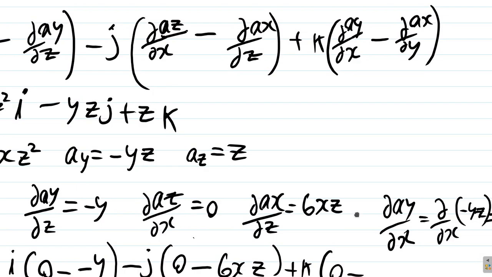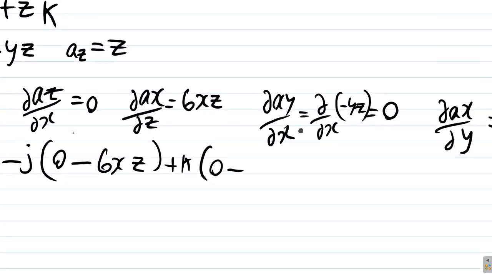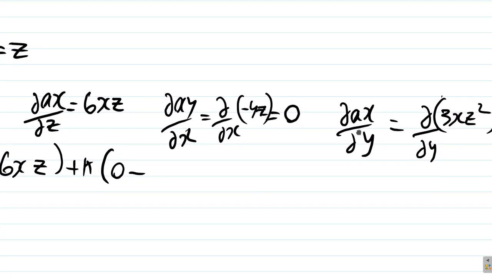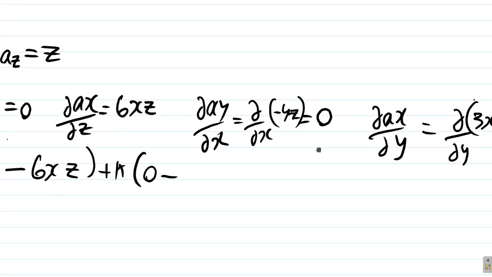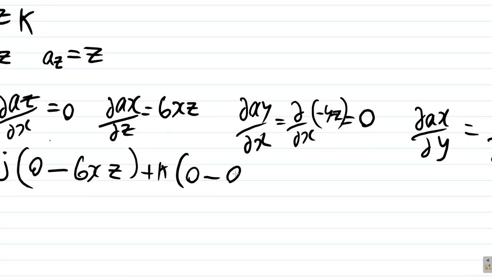The partial of this was 0, so this disappears. 0 minus 0 is 0.